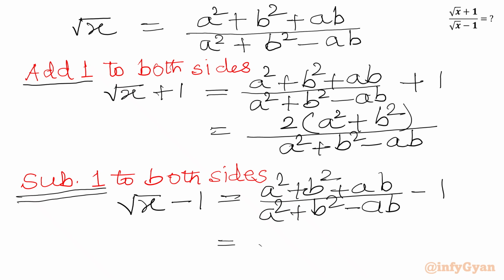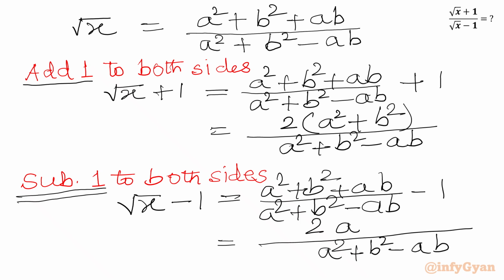So if I will simplify, we will write our denominator a square plus b square minus ab, and this time we will add ab and ab. So we will get 2 times ab. So value will become 2ab over a square plus b square minus ab. Let's say this is our equation number 2 and this is our equation number 1.